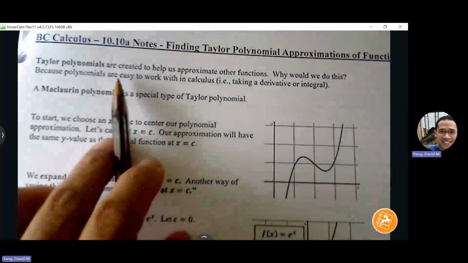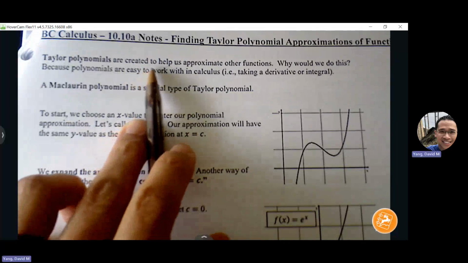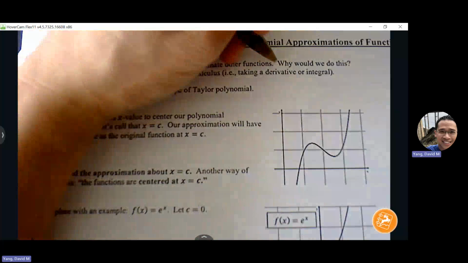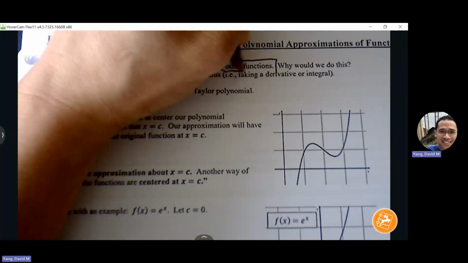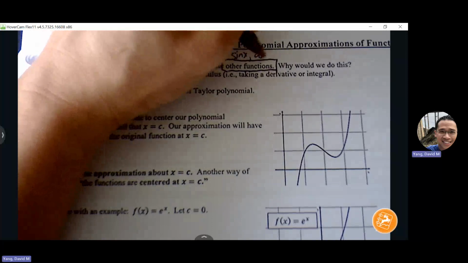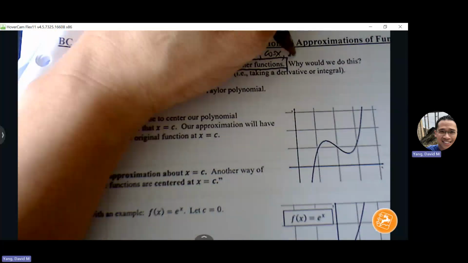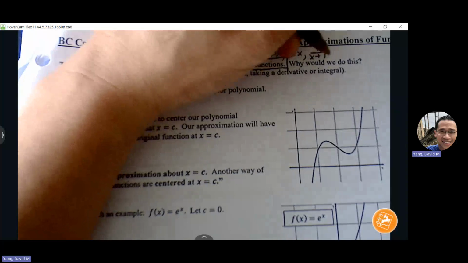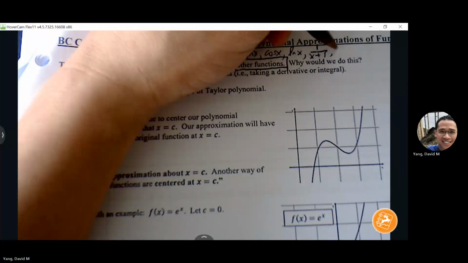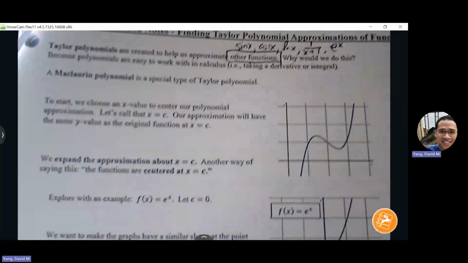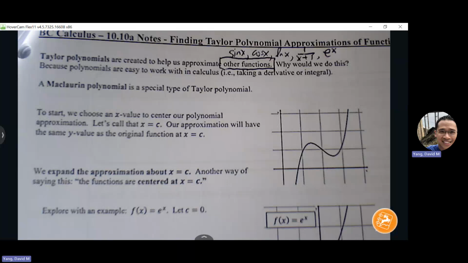A Taylor polynomial is created in order to help us approximate other functions, meaning something like sine, cosine, natural log, rational functions, exponential functions. These are the common ones that we're going to be using Taylor polynomials for.